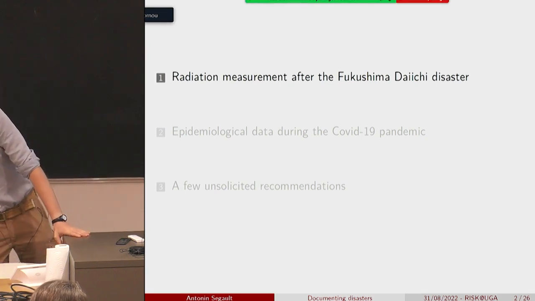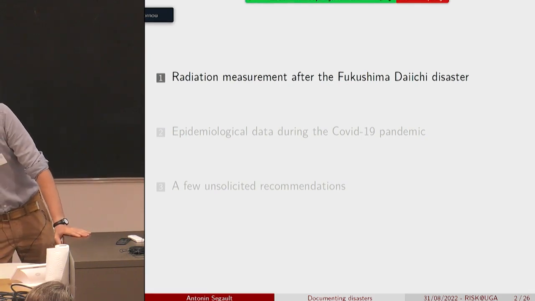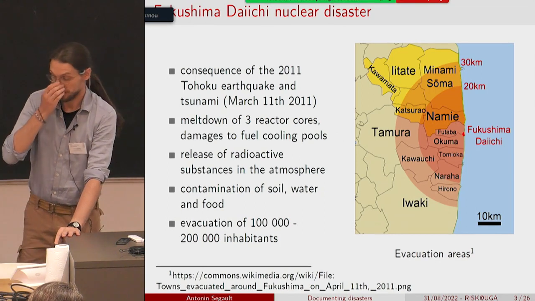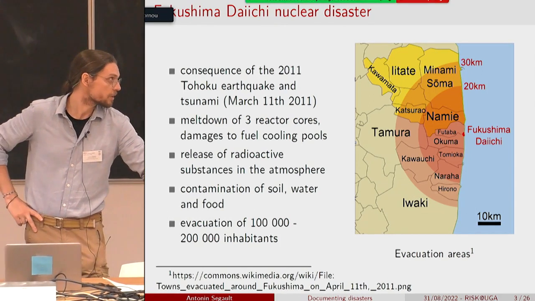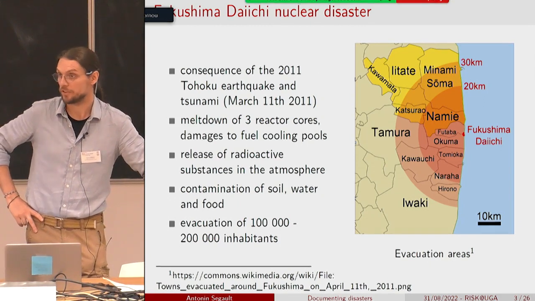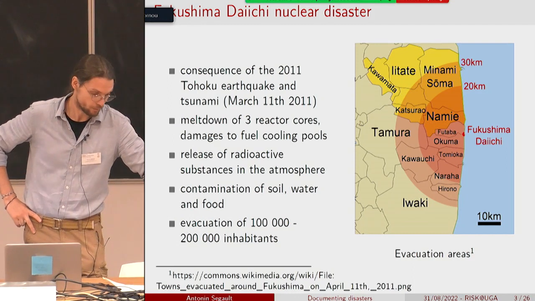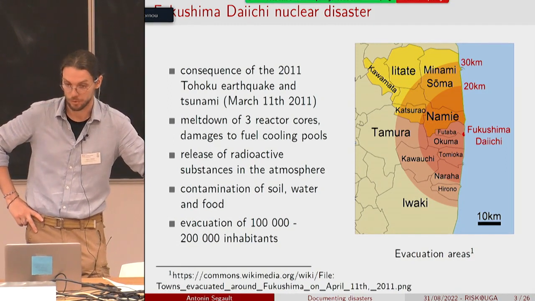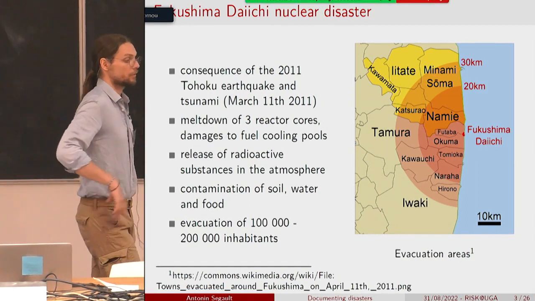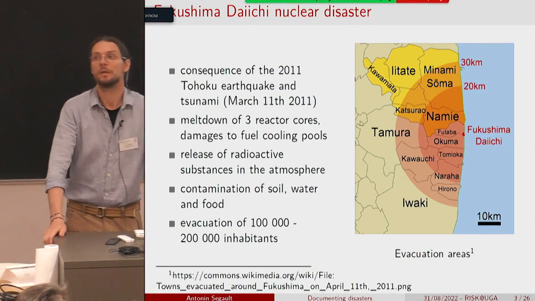So first case is the Fukushima Daiichi nuclear disaster. For the younger here, I will just give a bit of context. So this is basically a disaster inside another disaster. The nuclear disaster was the result of the enormous tsunami that hit the eastern coast of Japan on the 11th of March 2011.